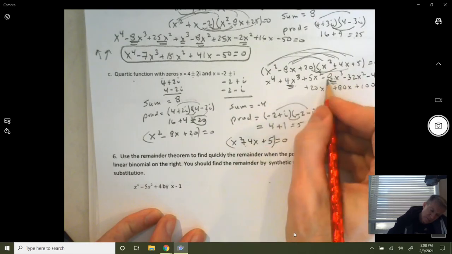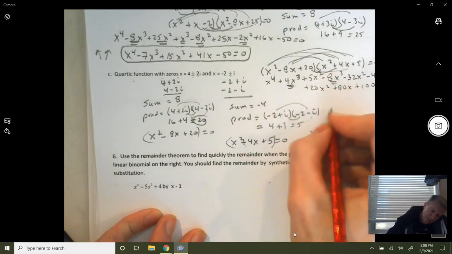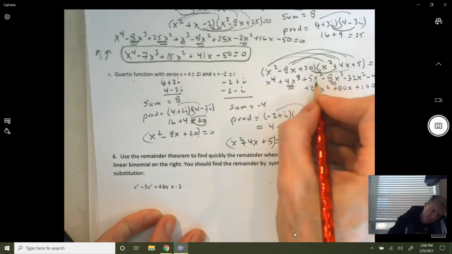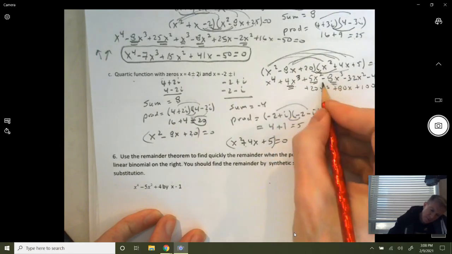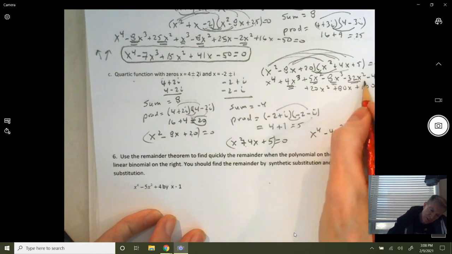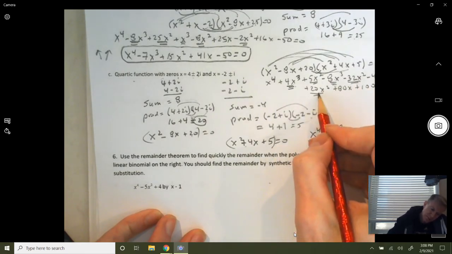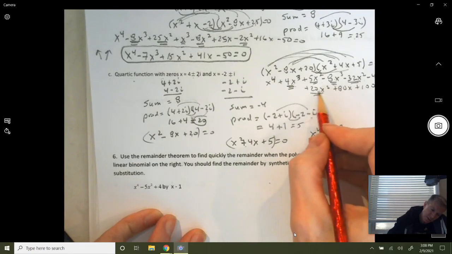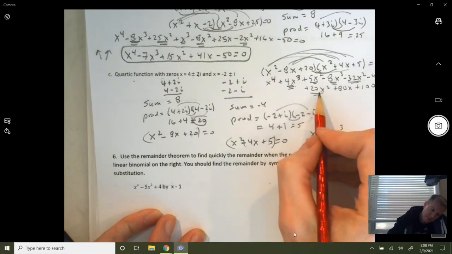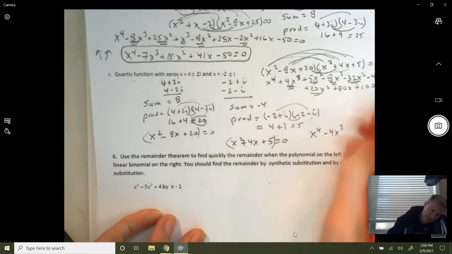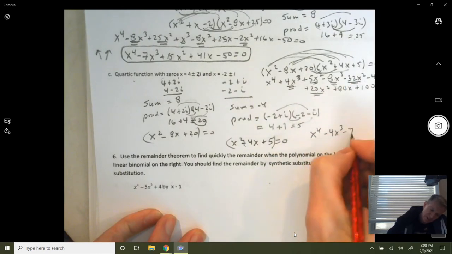So that's going to be 4x cubed minus 8x cubed is minus 4x cubed. For x squared, 5x squared minus 32x squared plus 20x squared. Let's see. So that's going to be 25x squared minus 32x squared gives me minus 7x squared.